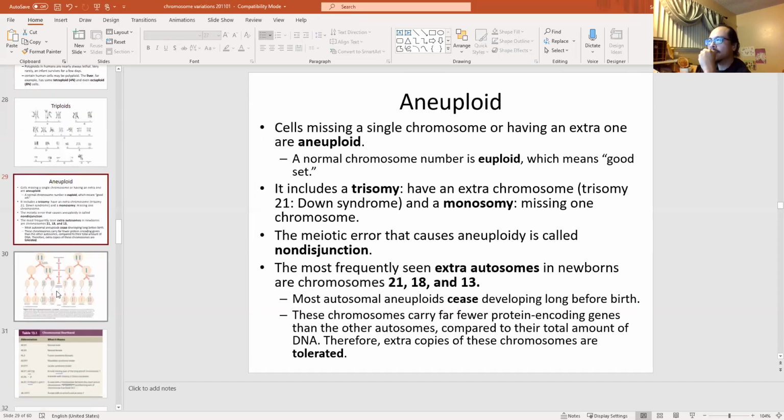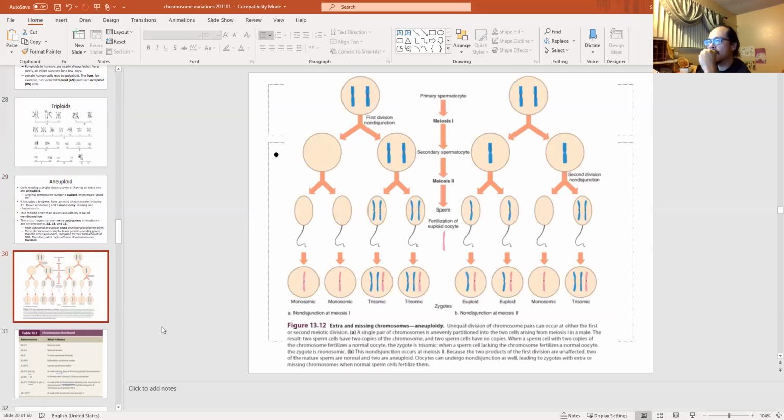So that's an example of aneuploidy, and the condition is caused by non-disjoint chromatids.